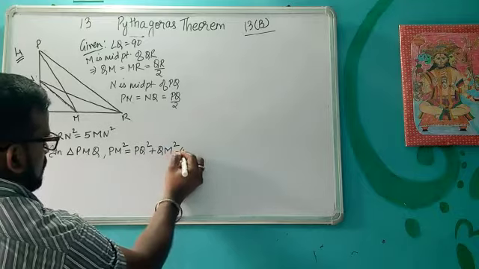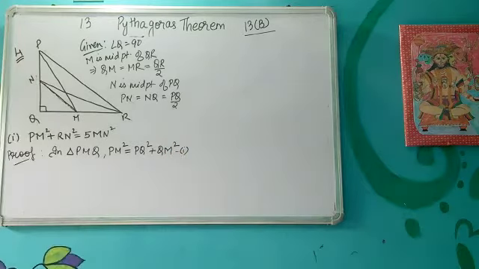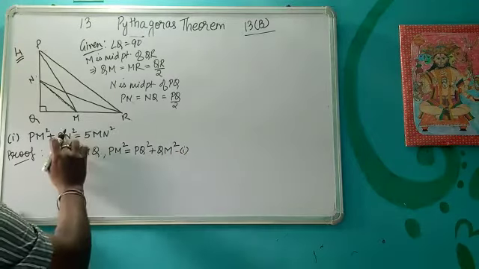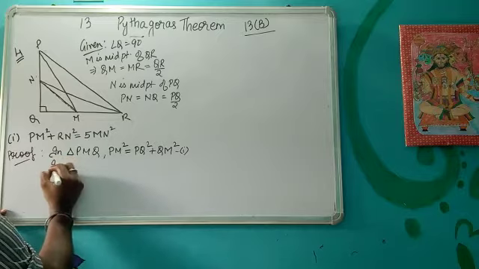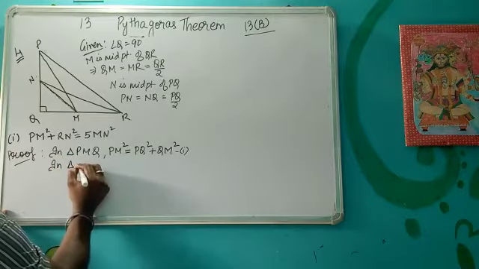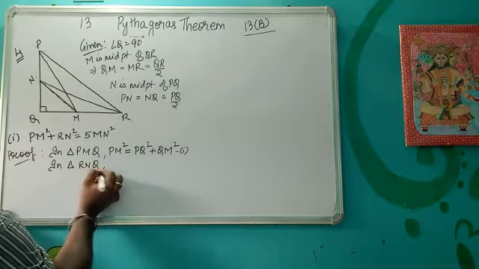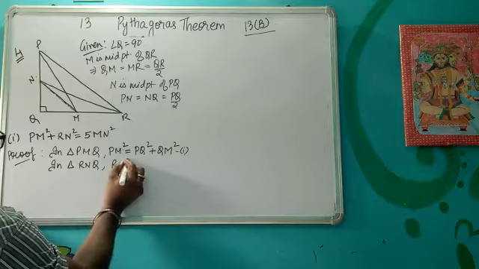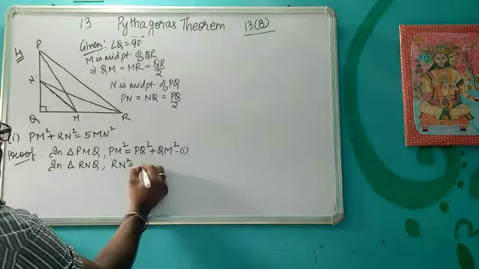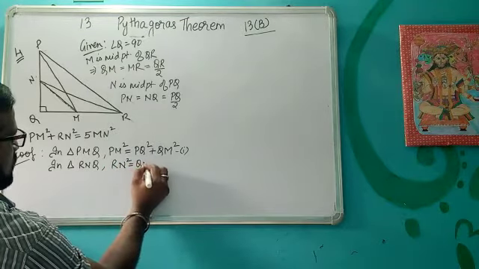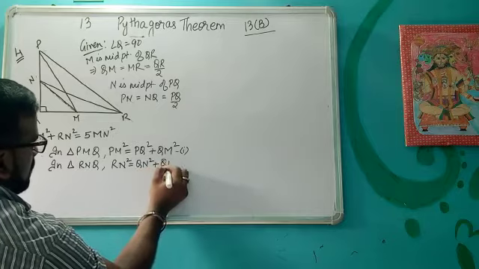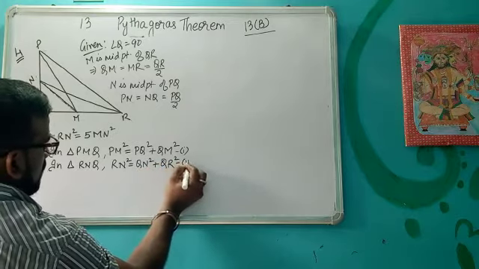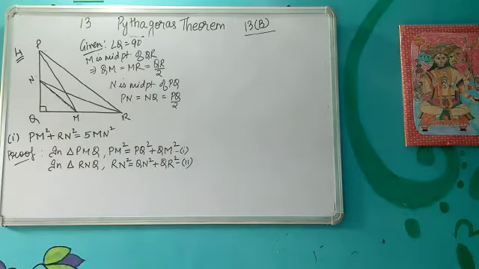This is our first value. Then what we need? RN. So in triangle RNQ, RN square is equal to QN square plus QR square. This is our second value.